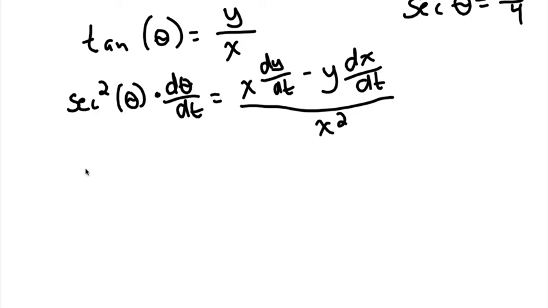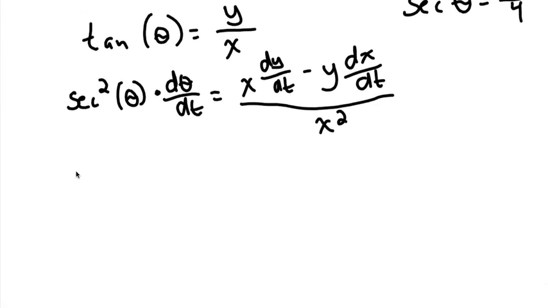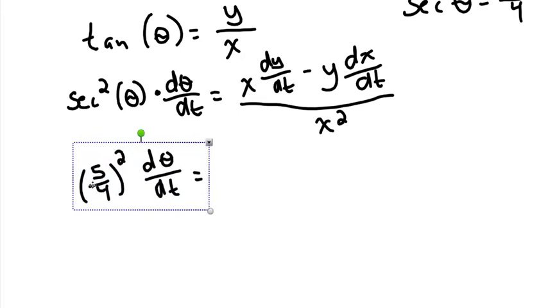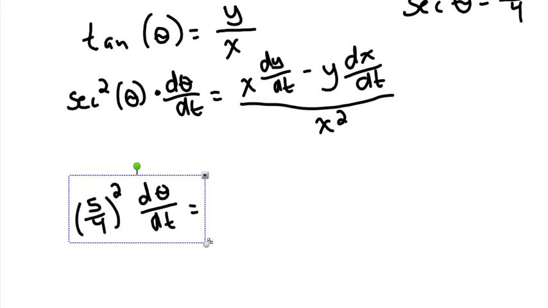We know values for all the rest of these, so I'm just going to start plugging in some numbers here and see what we get. So secant of theta is 5 over 4, so I have 5 over 4 squared d theta dt equals my right-hand side. Actually, let me slide that down a little bit so it doesn't run into my x squared.